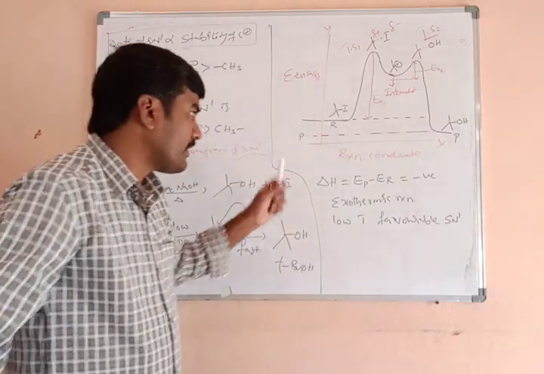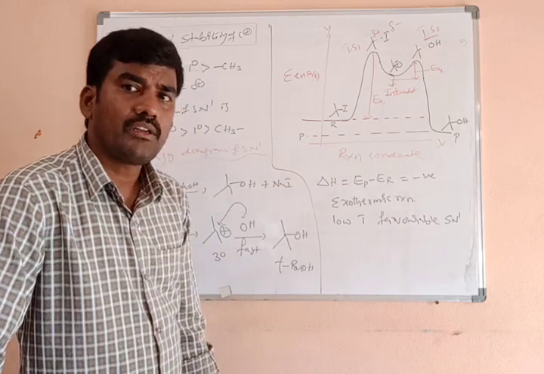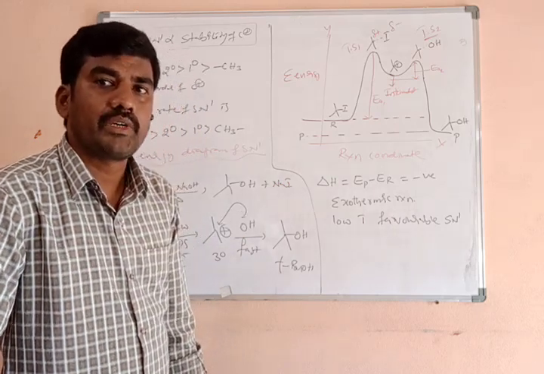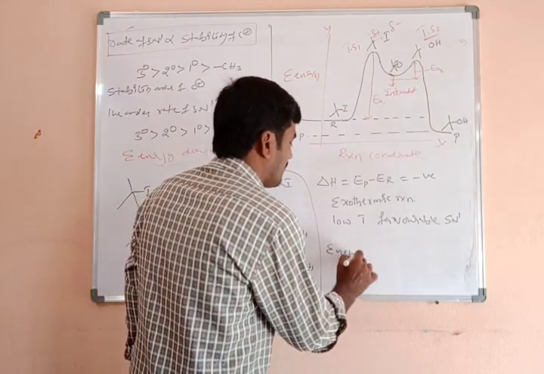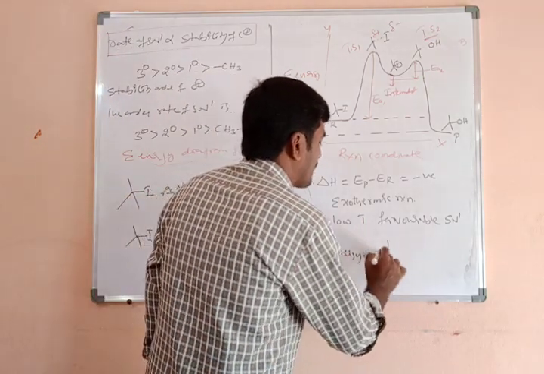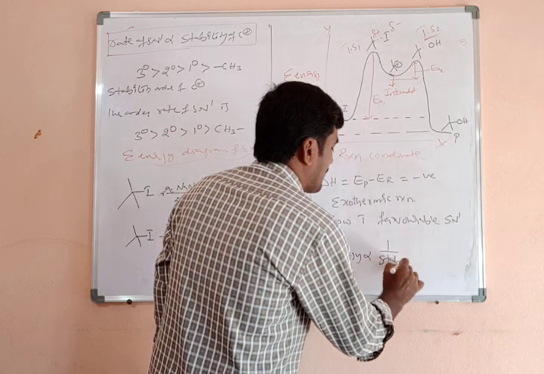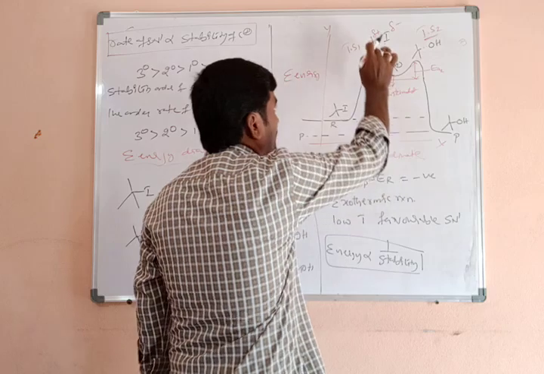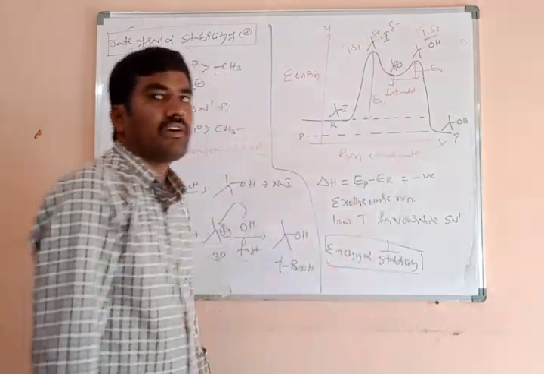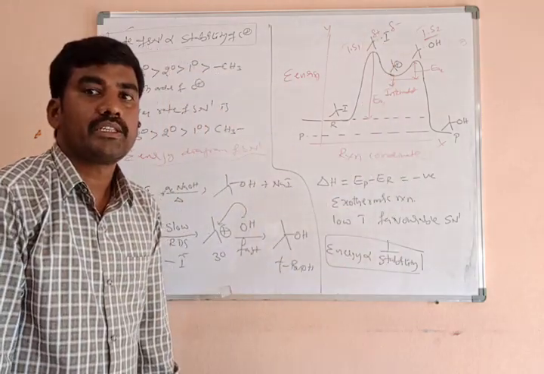Clear? Now the energy of a molecule is inversely proportional to its stability. The energy of the molecule is increased at the peak of the curve, where the highest energy is, so stability is less.